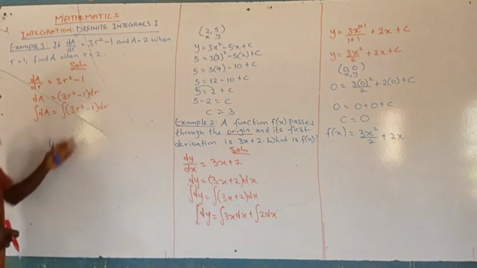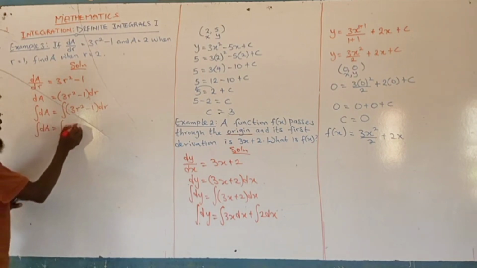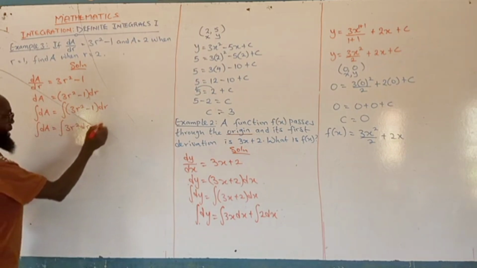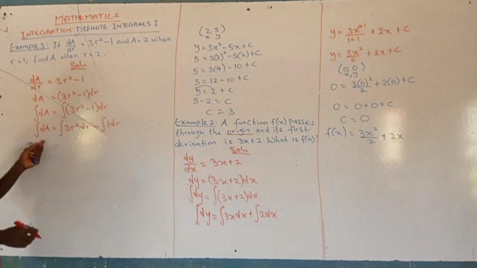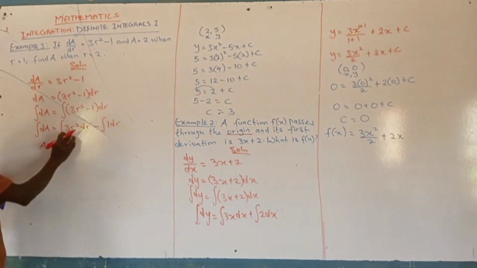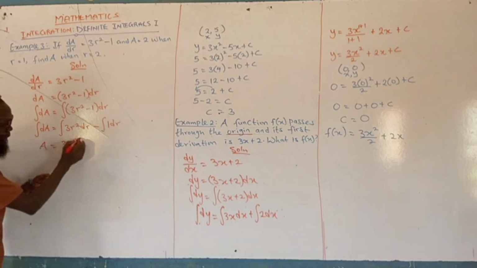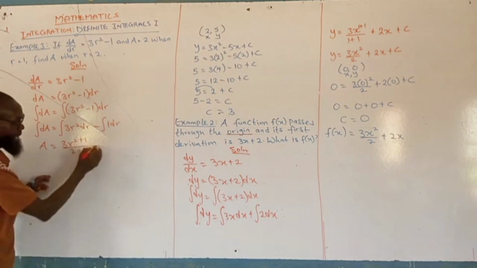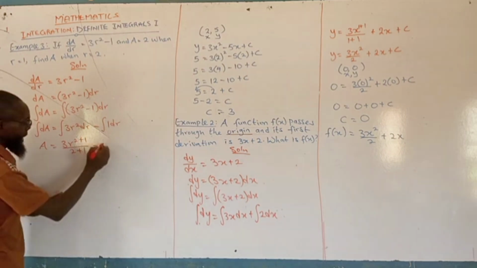The next step is to open these brackets. Integral dA is equal to integral 3r squared dr minus integral 1 dr. So when we integrate dA, we have A is equal to the integration of 3r squared, we have 3r squared, you add 1 to the power, then divide by 2 plus 1, then minus, when you integrate 1 dr, we have r.